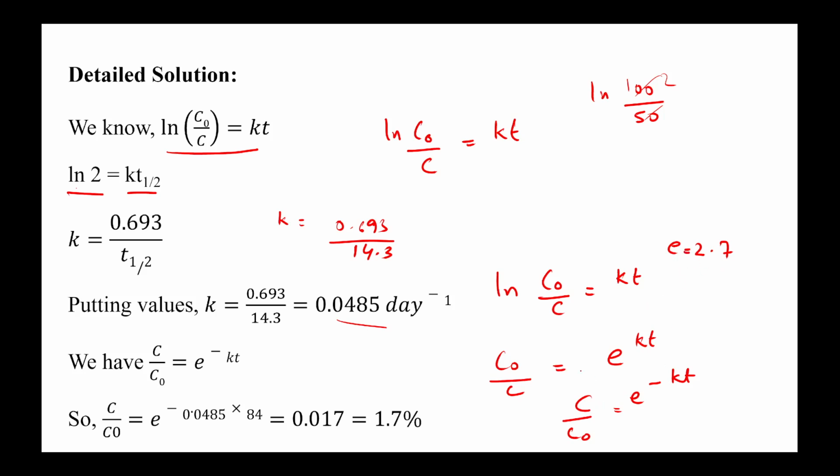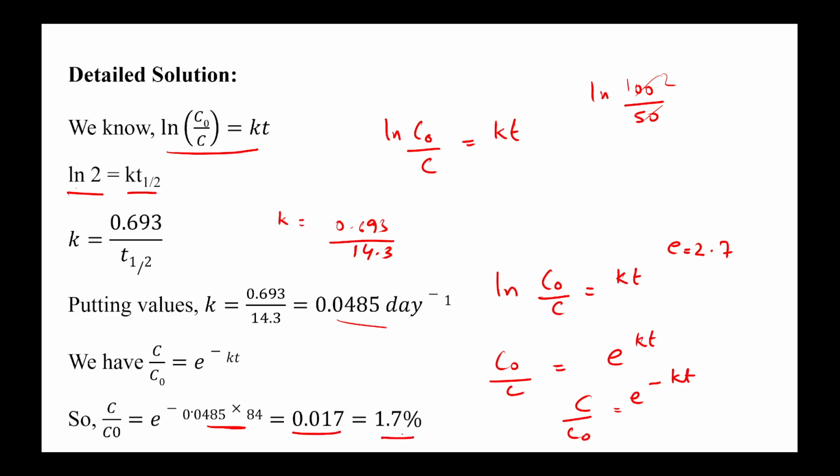So you can easily calculate C by C0, what would be the ratio after 84 days, because you have the value of K, you have the time given, and you can easily solve this equation using your calculators. Whatever number we are getting, we just have to multiply it with 100 to get the percentage.